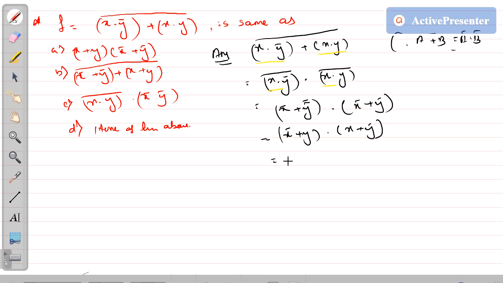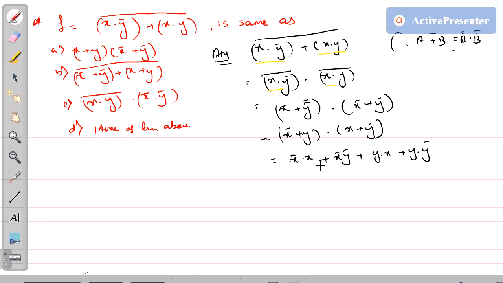Now if I multiply this, what will we get? X bar into x plus x bar y bar plus y into x plus y into y bar.